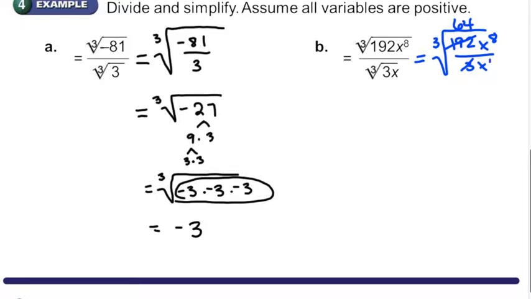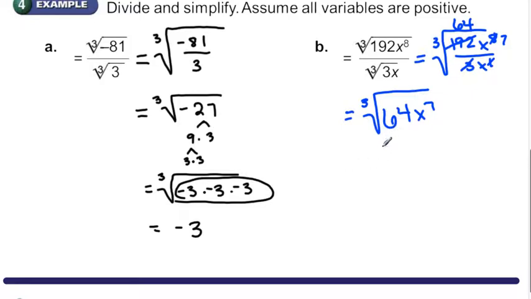This is x to the first, and remember when we divide exponential expressions, we keep the base and we subtract the power. So 8 minus 1 is going to give us 7. So simplifying this, we have cubic root of 64 x to the 7th.